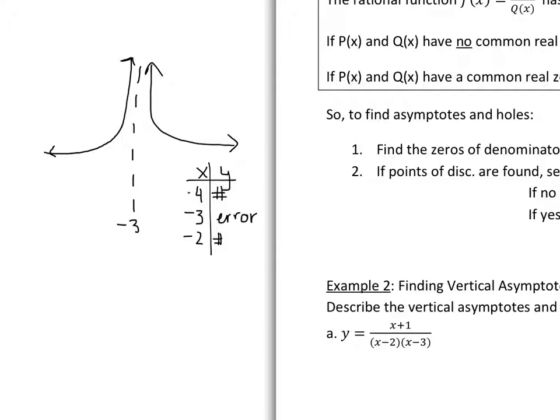The other type is a hole. Graphs that have holes look quite normal, except that they jump over a spot. Now the problem with these is that on the calculator, you can't actually even see the hole. It just looks like the graph keeps going.